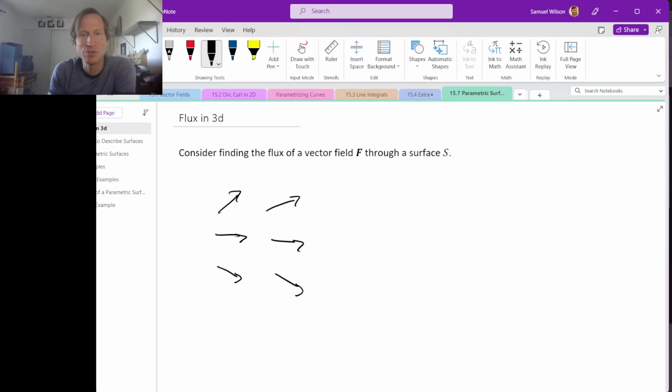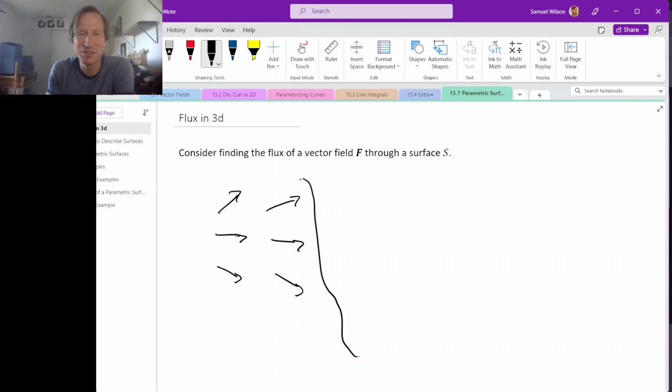Remember, the idea here is if we have some vector field in space, and we want to calculate the flux, well, you have to ask, the flux through what? In 3 dimensions, it doesn't really make sense to ask about the flux across a curve, because a curve doesn't really have an across.